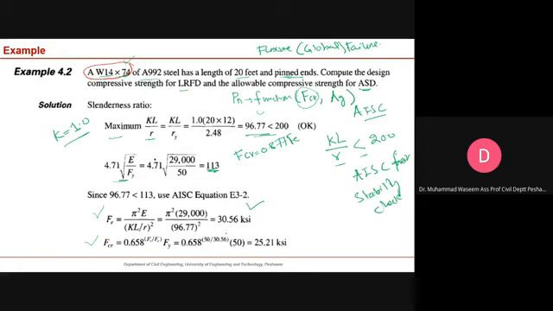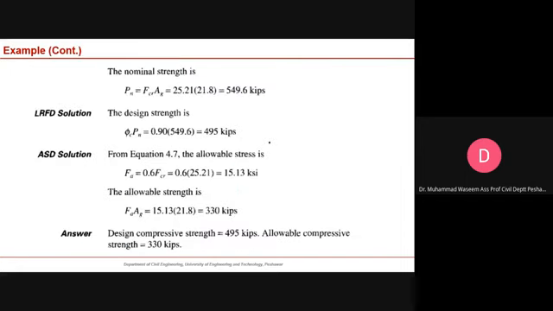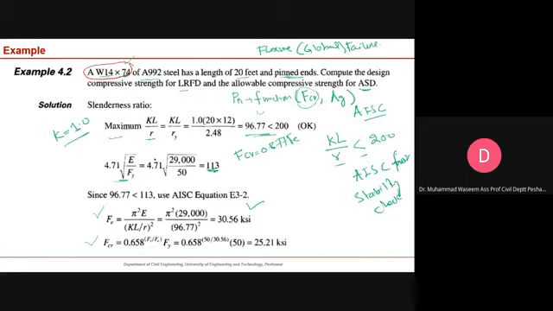Then you just plug this FE value into this equation, and you will get the critical stress value, which comes out to be 25.21 kips. And this is FY for A992 steel.